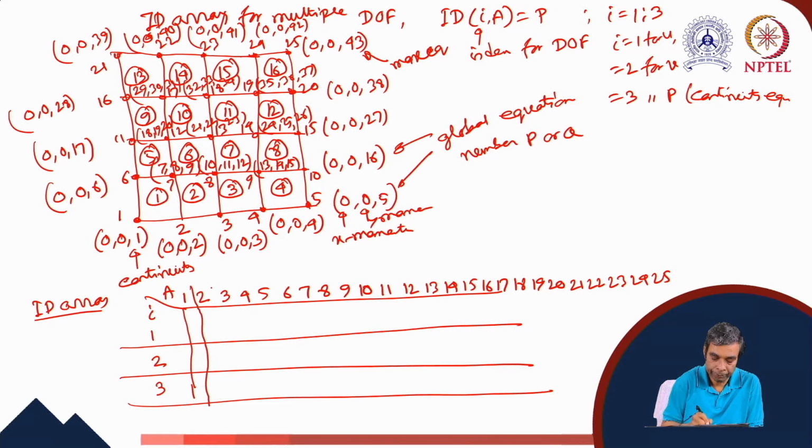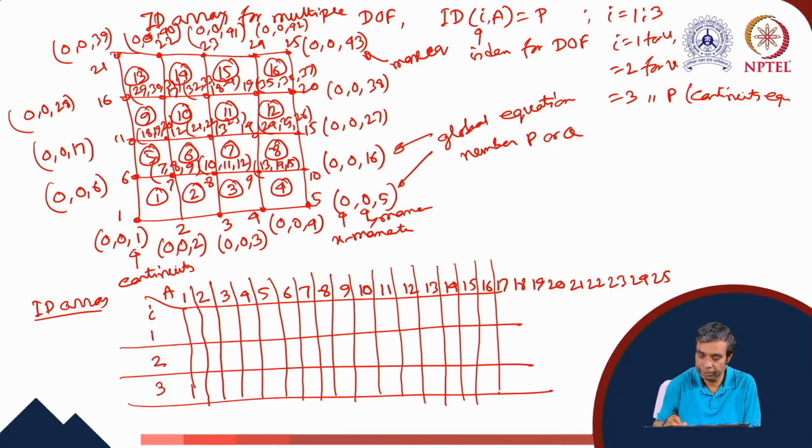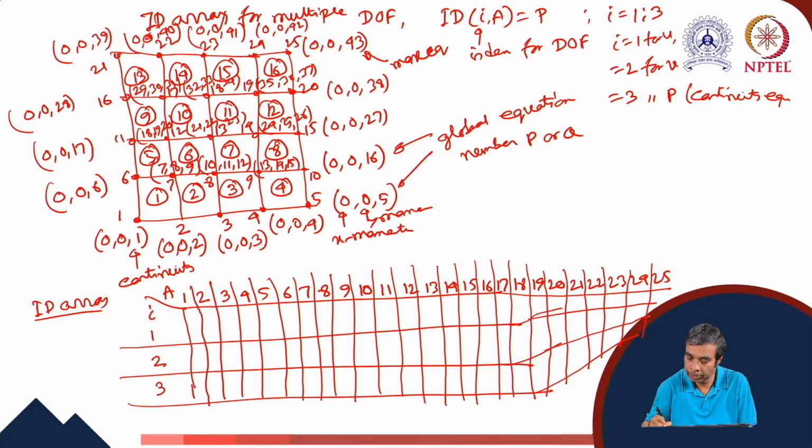So this is 1, this is 2, 3, 4, 5, 6, 7, 8, 9, 10, 11, 12, 13, 14, 15, 16, 17, 18, 19, 20, 21, 22, 23, 24, and finally we have here 25.